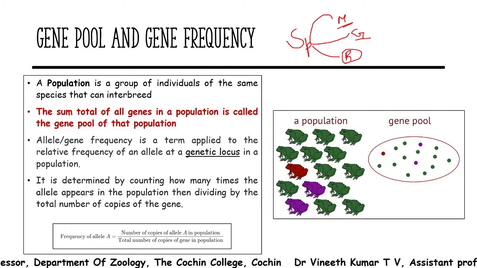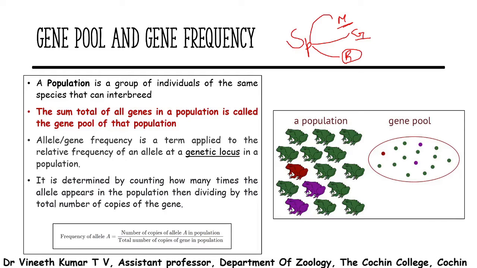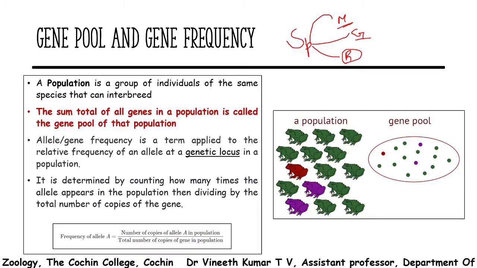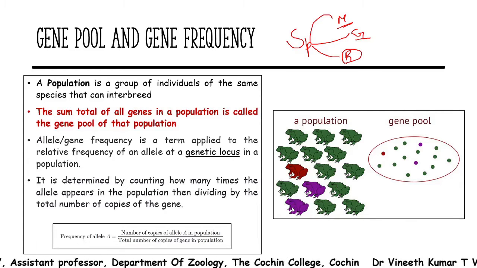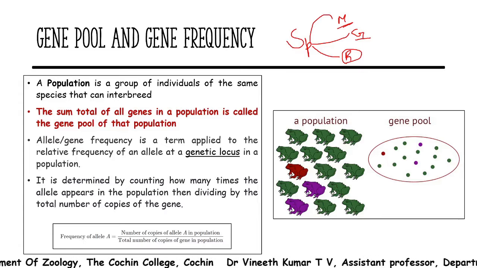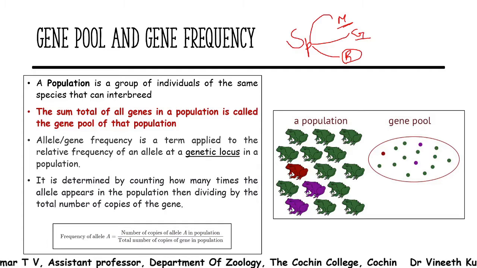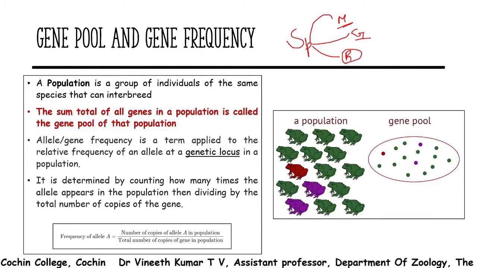When you have many of them, you consider them a population. A population is a group of individuals belonging to the same species that have the capacity to interbreed.